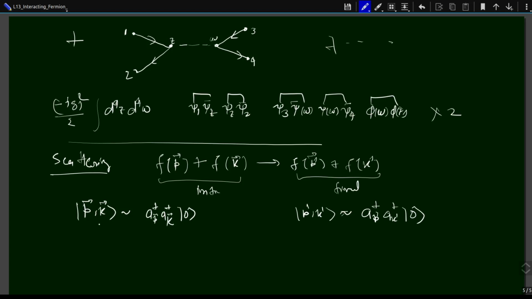If I have to look at the transition T, that is the initial thing, which is P K, and the final thing, which is P prime K prime, defined as such. And something like an S matrix over here.